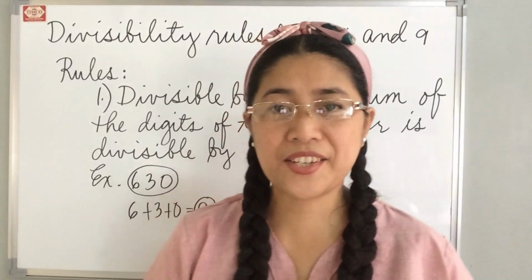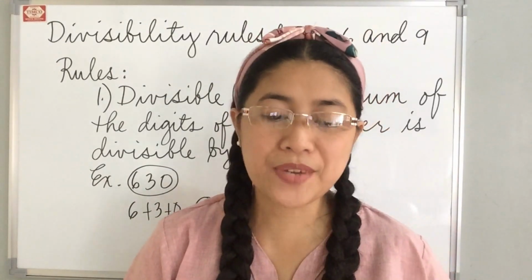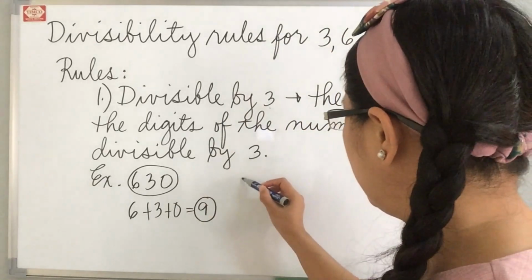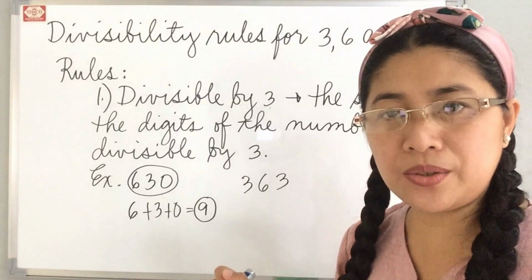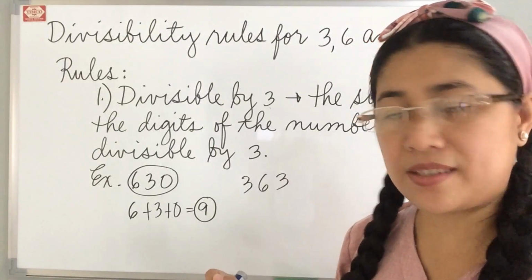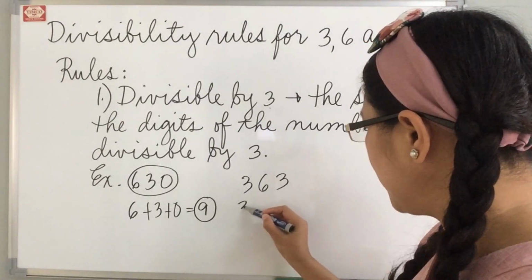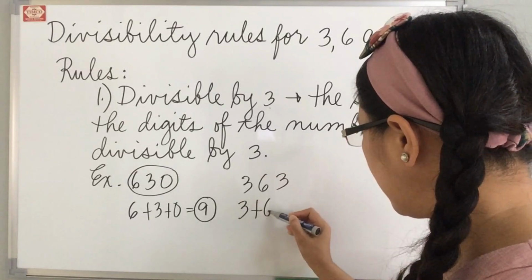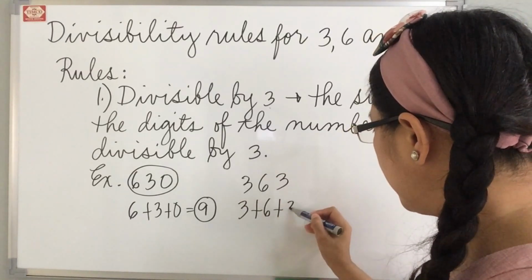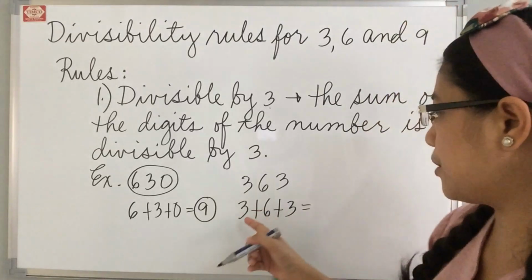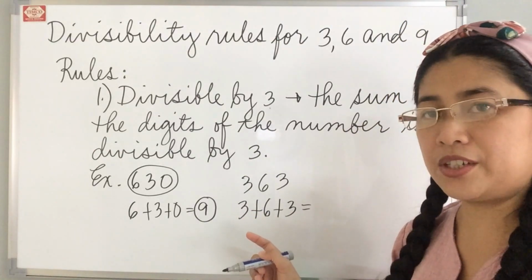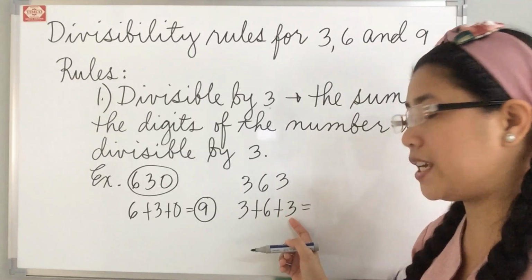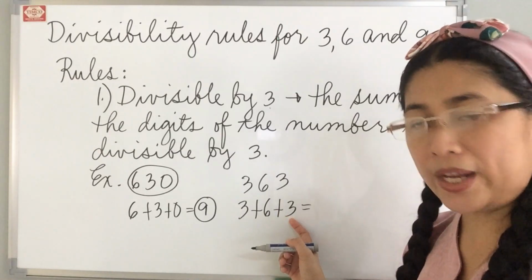Let's have another example. We have 363. So what are we going to do? Let's add the digits. So we have 3 plus 6 plus 3. Alright. So 3 plus 6 is equal to what? 9. Very good. 9 plus 3 is 12.